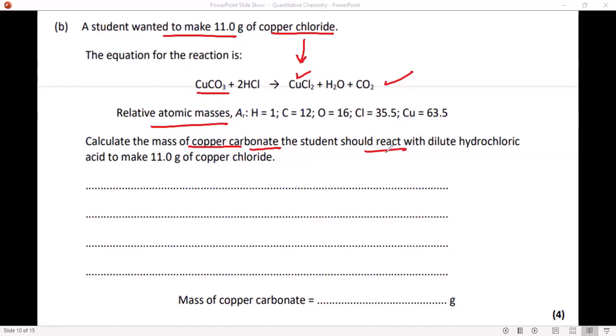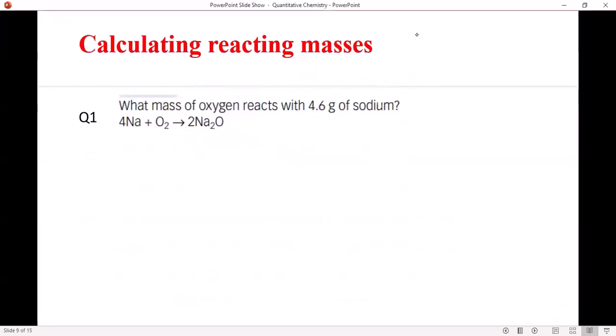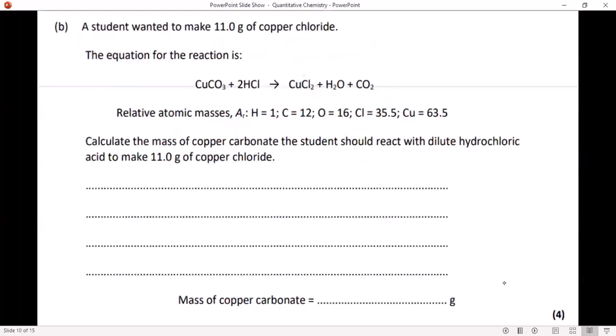Interesting. In the previous question, they gave us the amount of one reactant and asked us to calculate the amount of the other reactant. Now they have given us the amount of product.